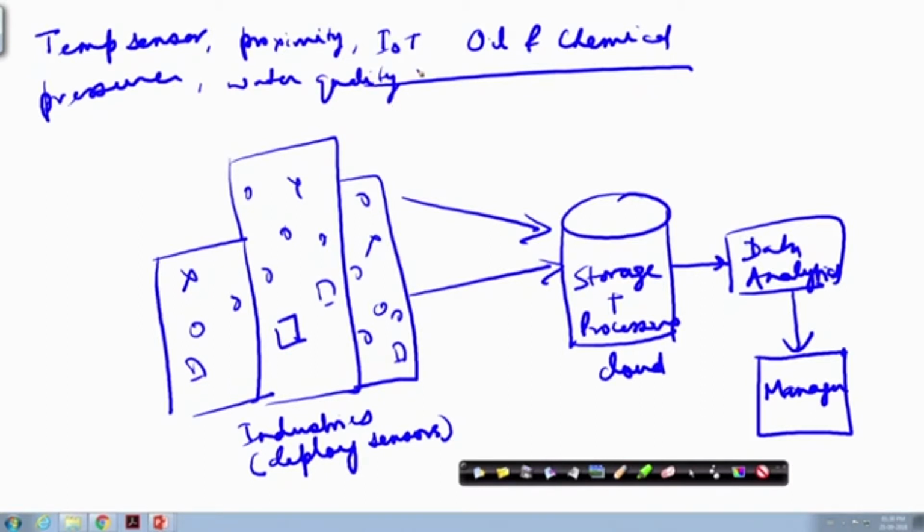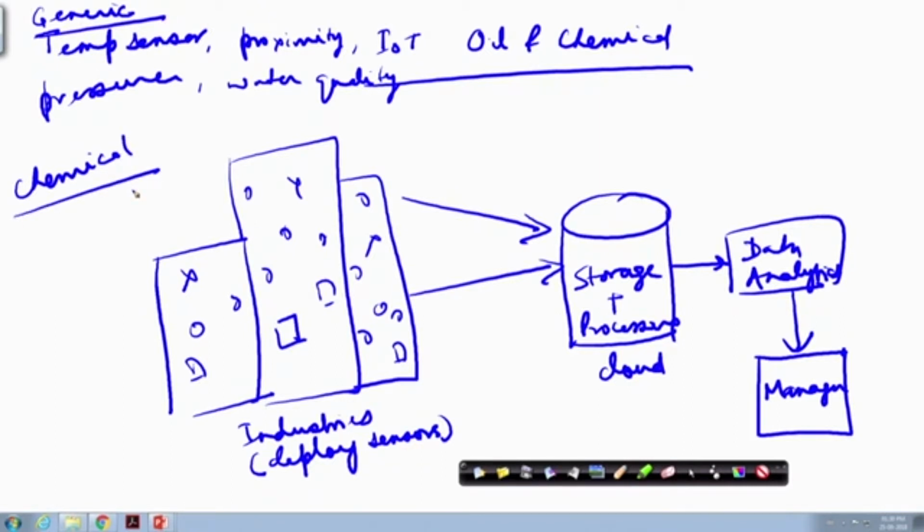So, these are these different types of sensors, and also some specific chemical sensors could also be used. So, these are the generic sensors, and some chemical sensors could be used.